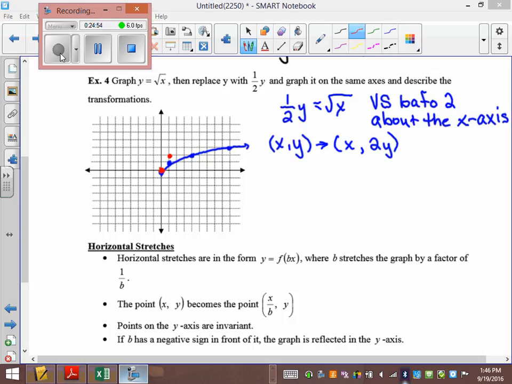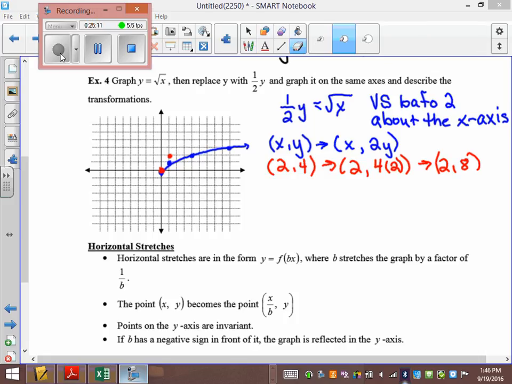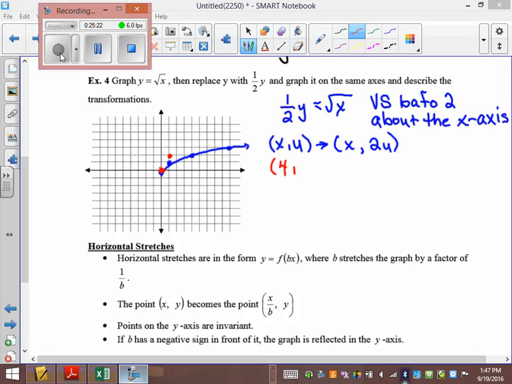Then 4 and 2, not 2 and 4, I'm a little backwards. 4 and 2 is going to become 4 and 2 times 2, which is 4, 4. And then 9 and 3 becomes 9 and 6.